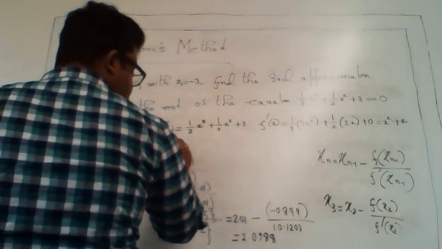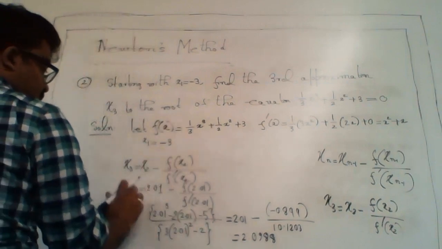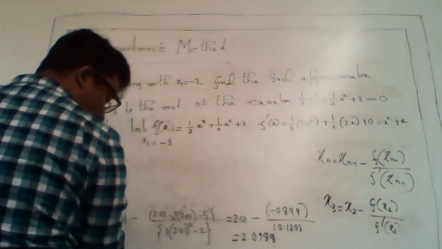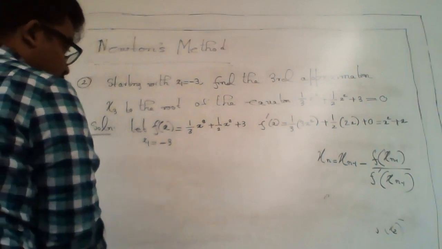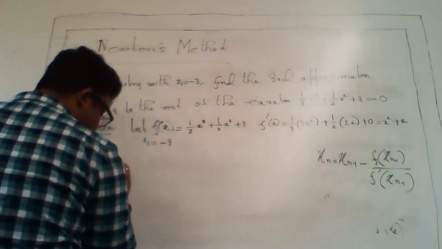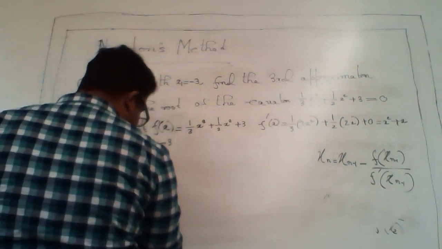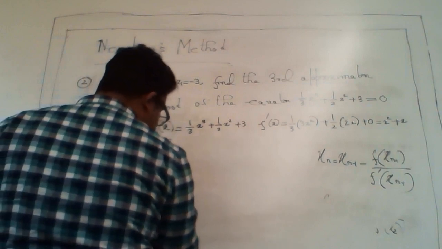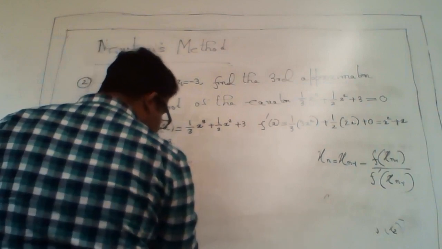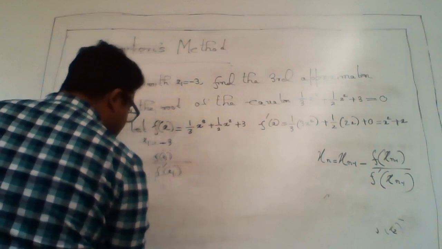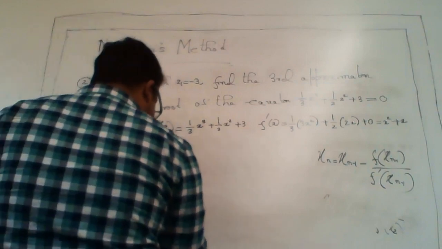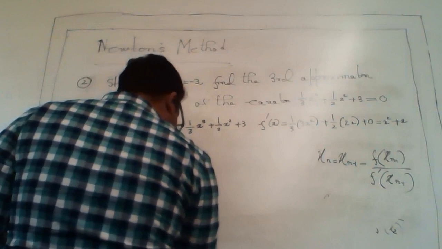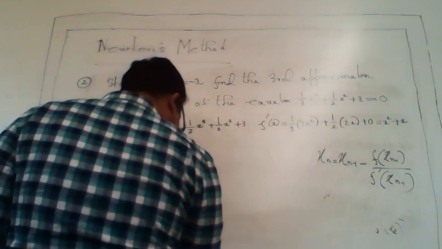So first apply the formula: x2 equals x1 minus f of x1 divided by f prime x1. x1 is -3, so -3 minus f of -3 divided by f prime -3.